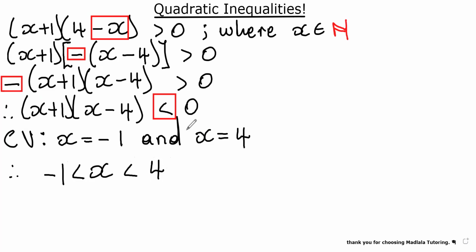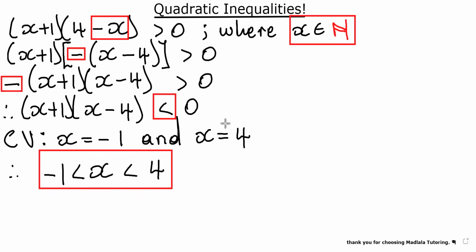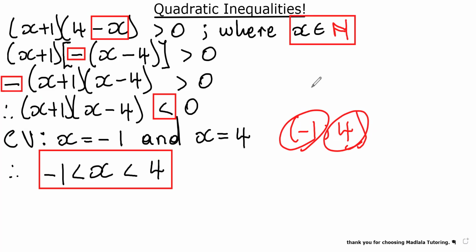You don't just leave it here because you didn't answer the question. They gave you a very important condition: x is an element of natural numbers. In other words, you need to write down the natural numbers in this interval. So we have the interval -1 all the way to 4, but then we know that these two values are not included in that interval.